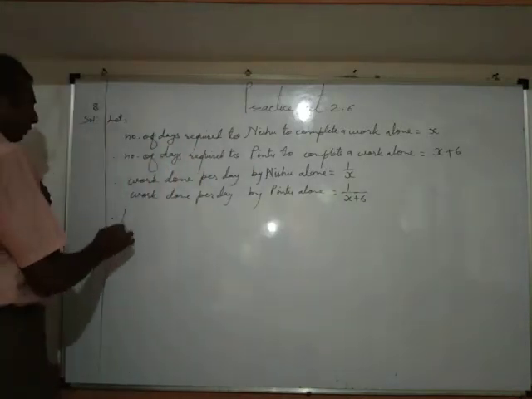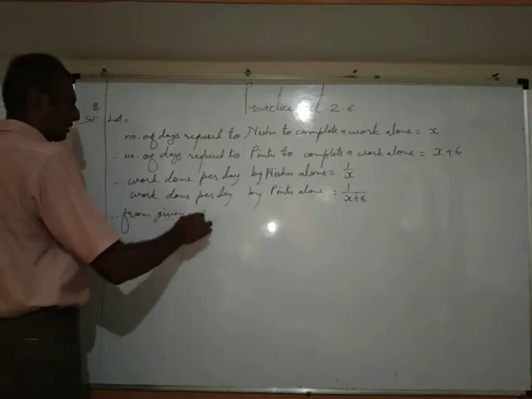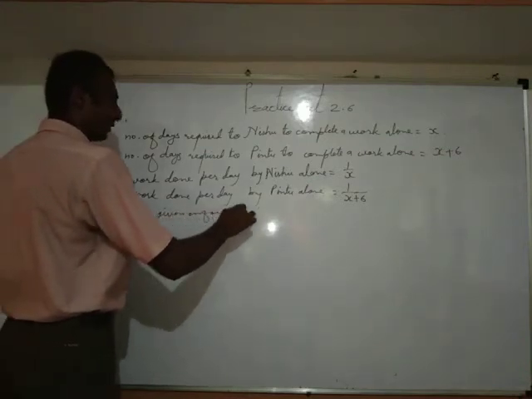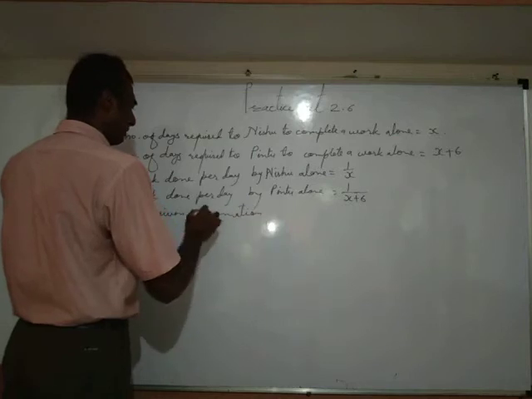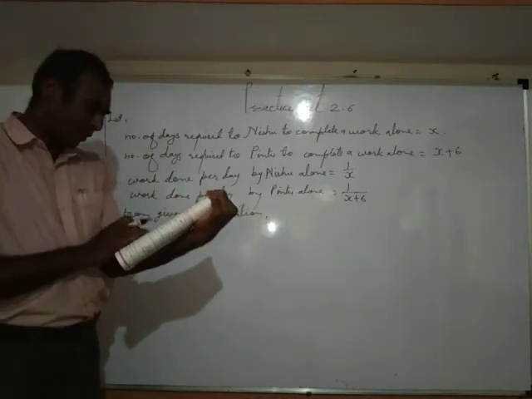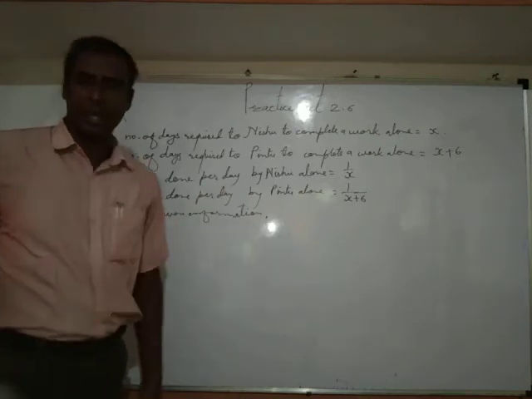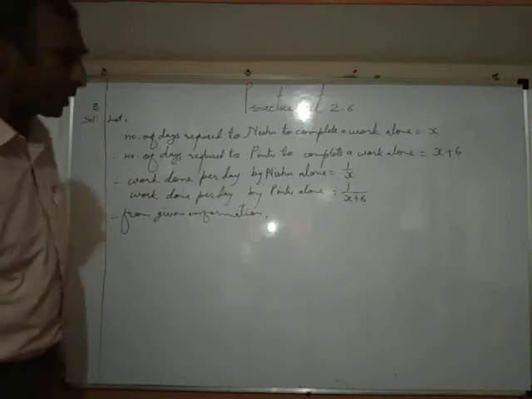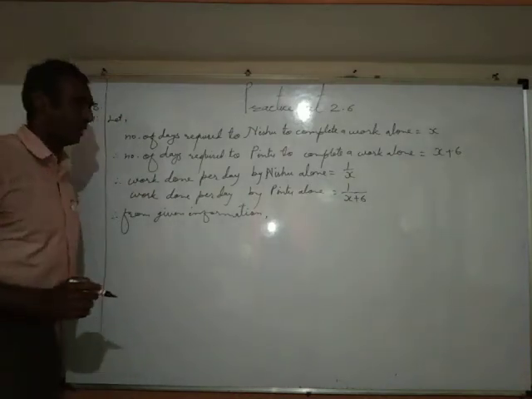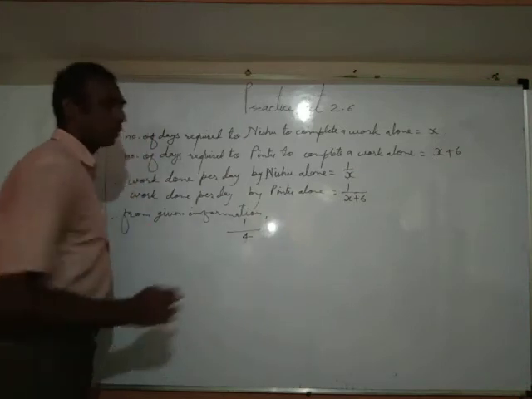And therefore, from given information, what is given information? If they work together, they finish it in 4 days. As they finish that work in 4 days, means work done per day will be 1 upon 4.